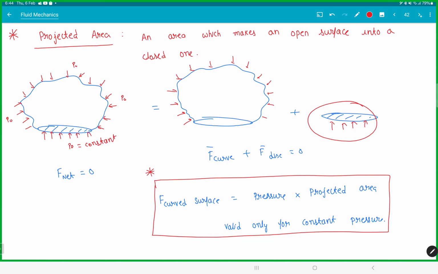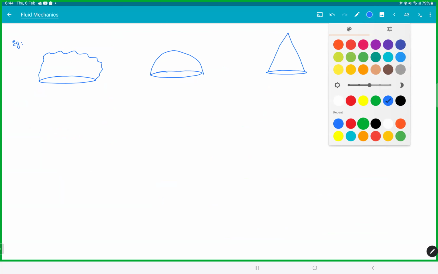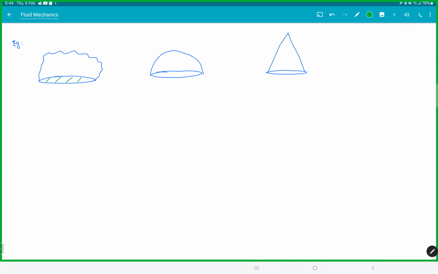You could have covered that hole with any kind of weird area. Answer would have been still same. So just to give an example, let's look at this. If you have a disk, or a weird shape like this, or a hemisphere, or even a cone, for all these three cases, this is the projected area.